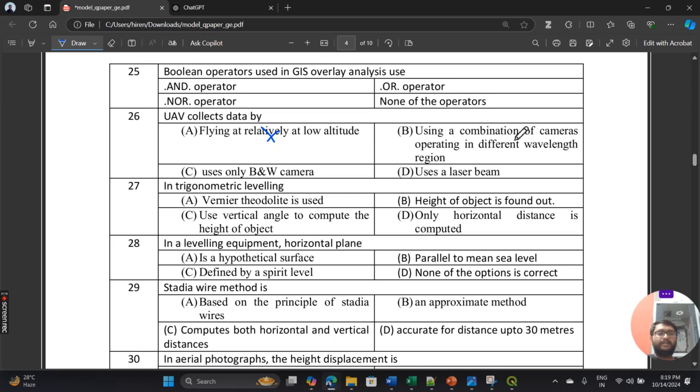Using a combination of cameras operating in different wavelength regions might be true, because we have a normal multispectral camera fixed on the UAV, or a hyperspectral camera or thermal camera. So it might have different cameras depending on which kind of drones or UAV systems we are using. When we talk about data, it will collect the data from those, using the combination of cameras mounted on the UAV.